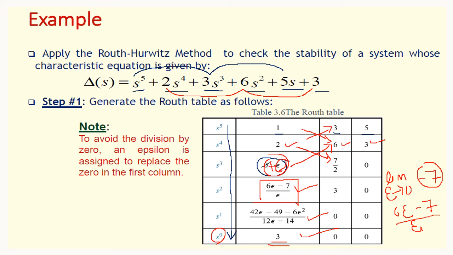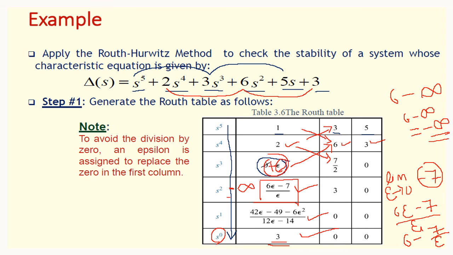So epsilon gets cancelled, so I am left with 6 minus 7 divided by epsilon. If epsilon is 0, it is 7 by 0, which is infinity. So 6 minus infinity, I get minus infinity.